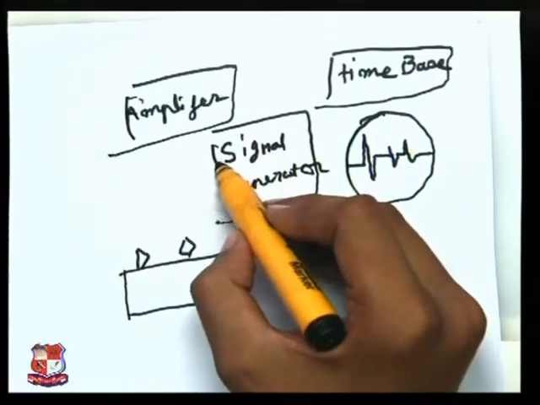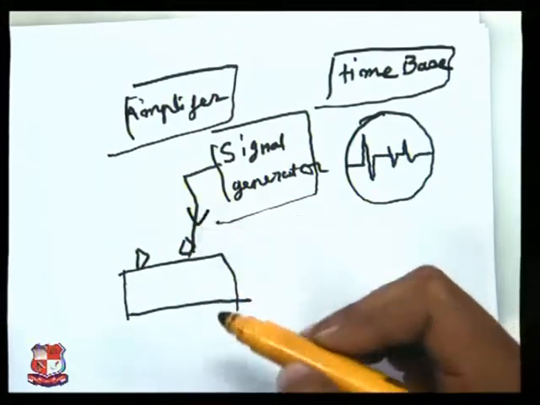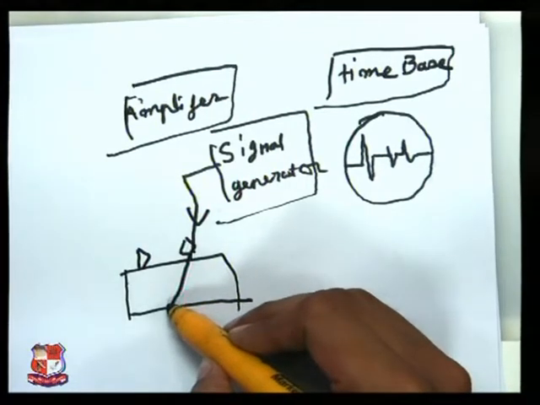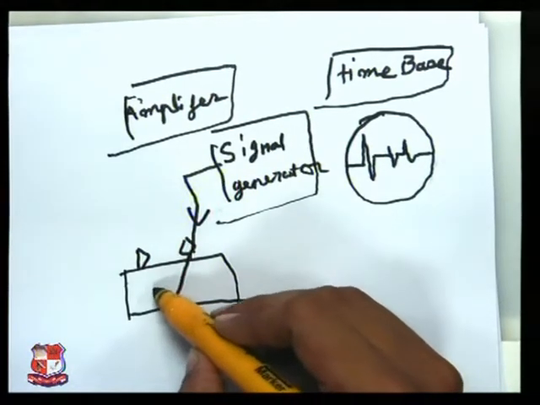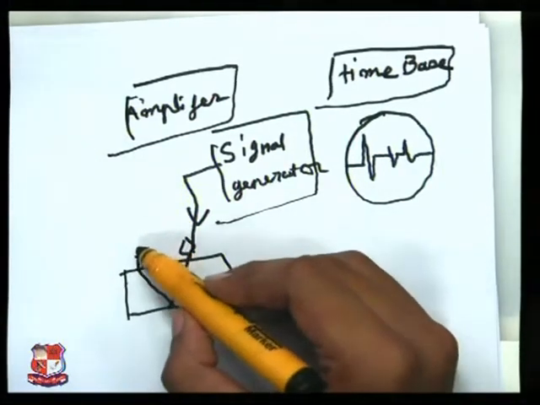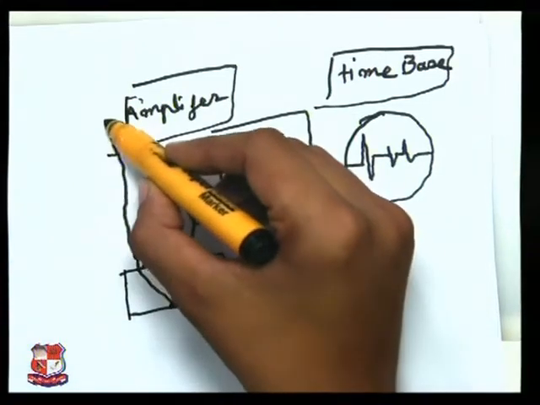So through the signal generator, the pulse is passed through that material. That ultrasonic wave will travel through the material and revert back to the receiving transducer, and it will travel to the amplifier.